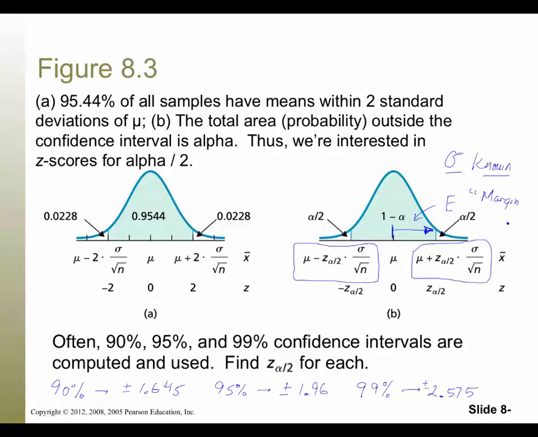What part of this formula is the margin of error? Looking at this formula for finding the max, would it be just this? Just this? This times this? The whole thing?